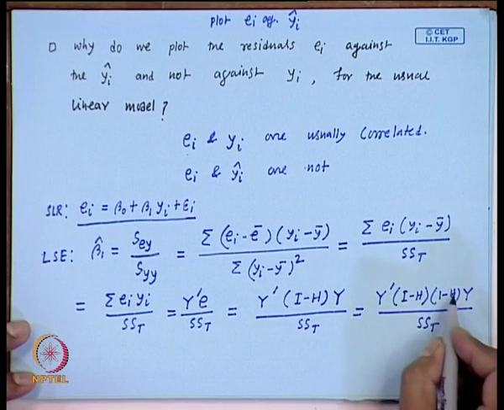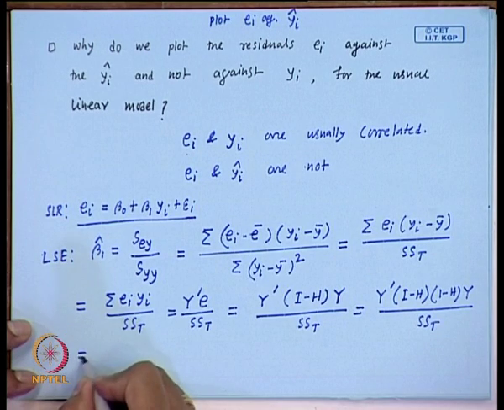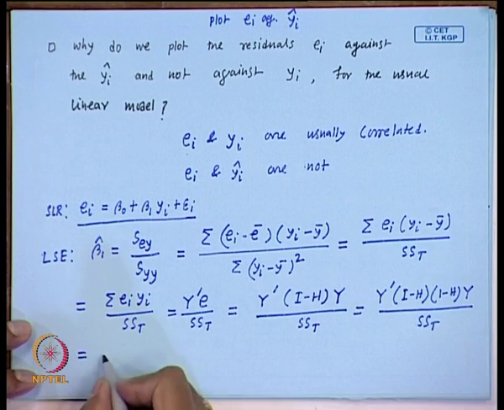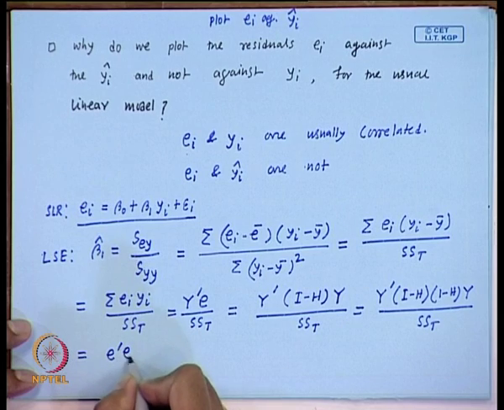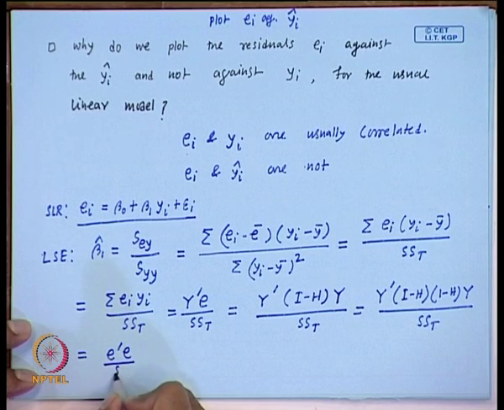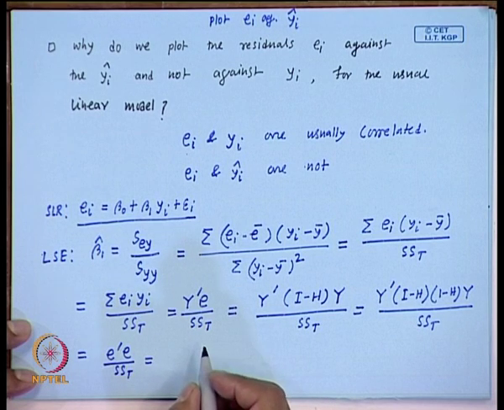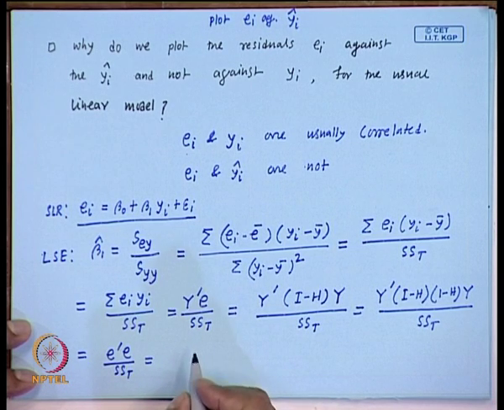Well, so this is E, this is E prime, so this is E prime E by SST. E prime E is nothing but SS residual.